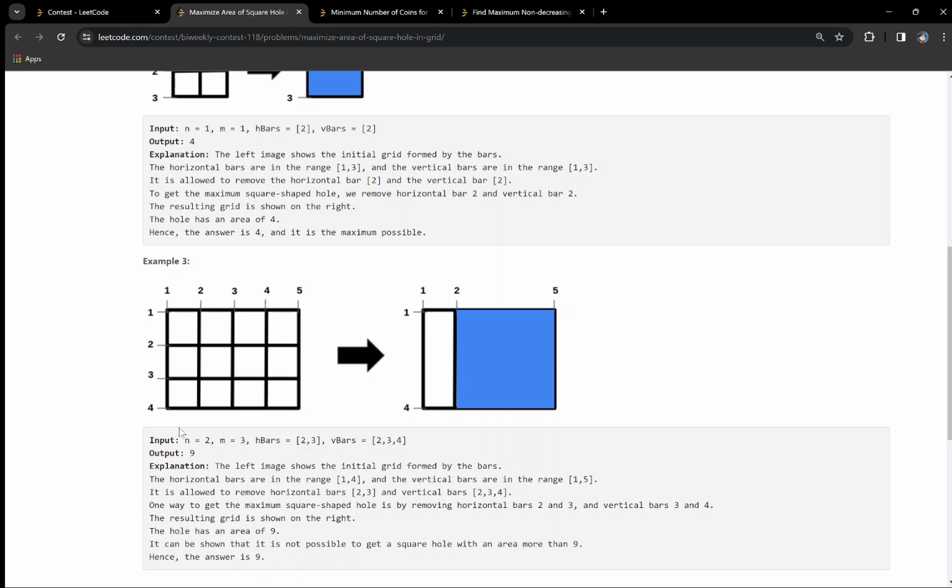So for getting a square, if we are removing 3, we know all these are removed, and find the area.